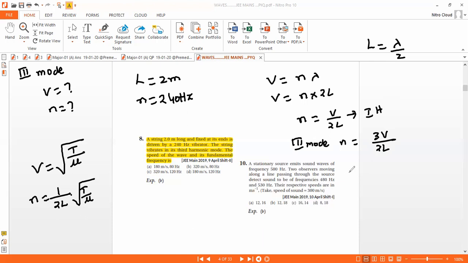So the frequency of the string they gave, driven by, that is 240 equal to 3V by 2 into 2. So 3 ones are 3, V is equal to 320 meter per second.